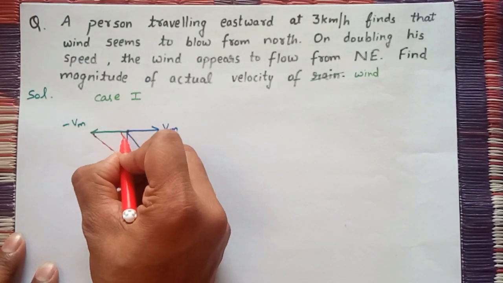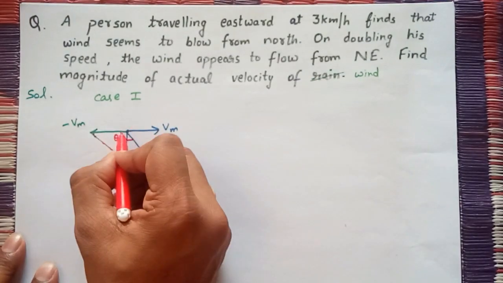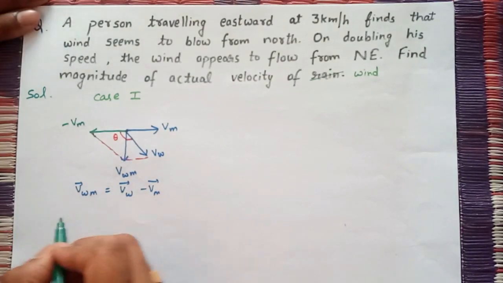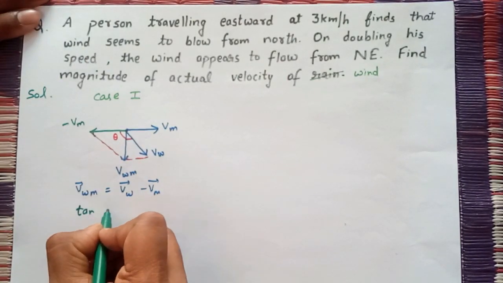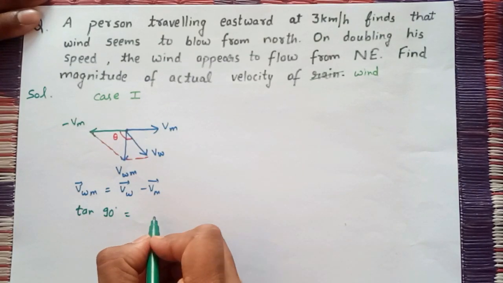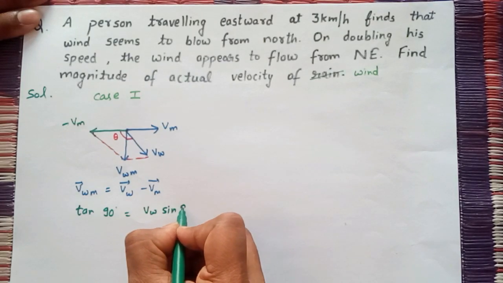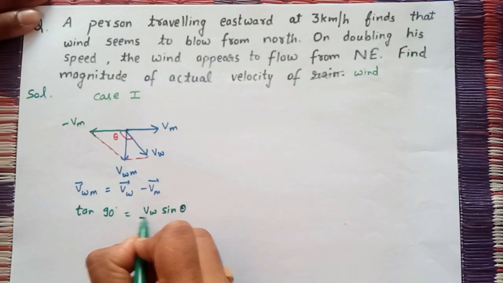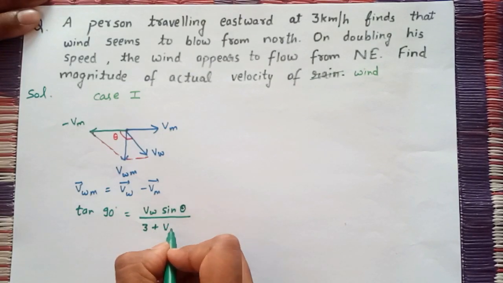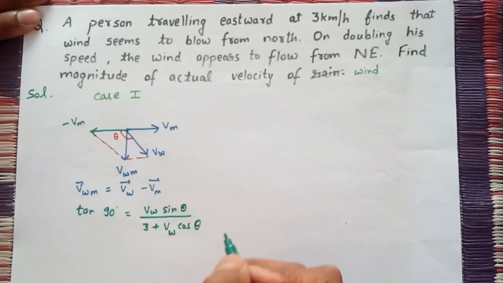Let this angle is theta, and according to question this one is 90 degree, so I can write here that tan 90 degree is equals to velocity of wind sine theta upon 3 plus velocity of wind cos theta.